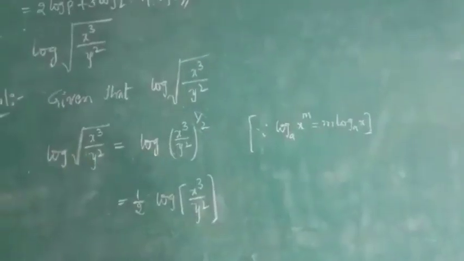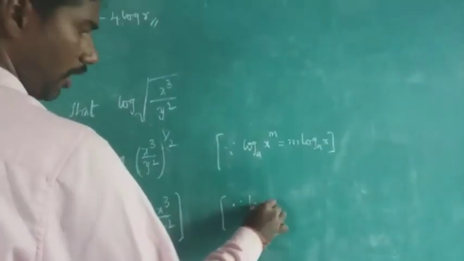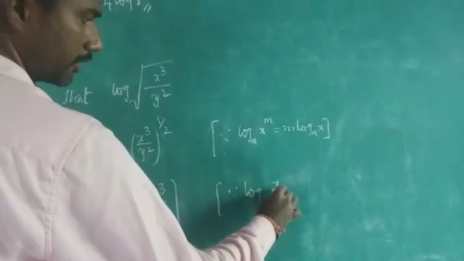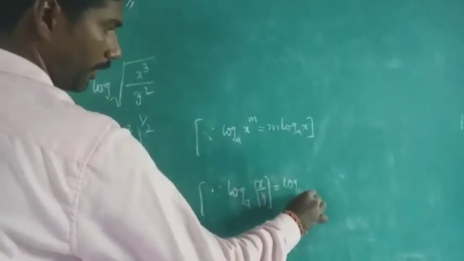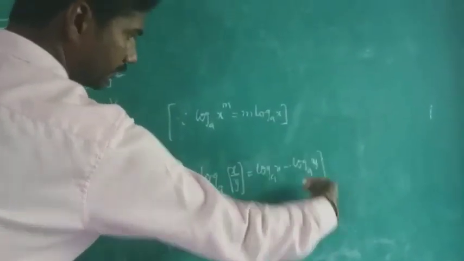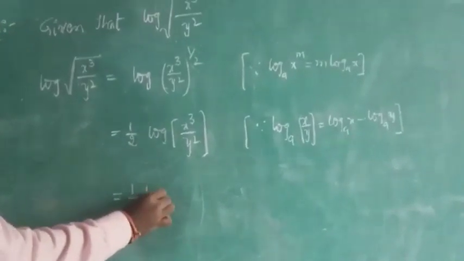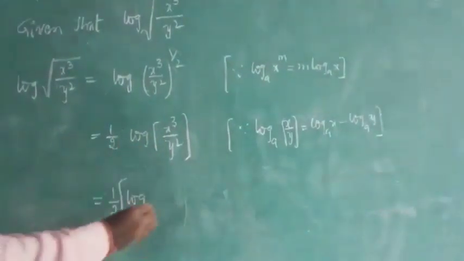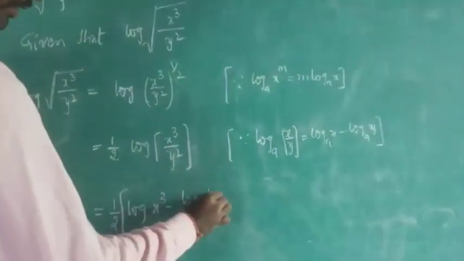So again you have the formula. What is the formula? Log base x by y. So what do you write? Log base x minus log base y. What do you write? 1 by 2 log x cube minus log y square.